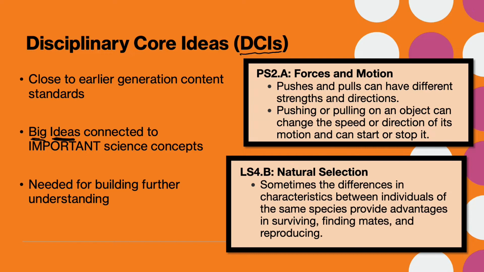And here's kind of a mid elementary example, probably 4th grade life science. And it looks at kind of the very early parts of an evolution discussion and talking about natural selection. So that's the DCI. That's probably what we're most familiar with from any kind of previous experience we've had with standards.